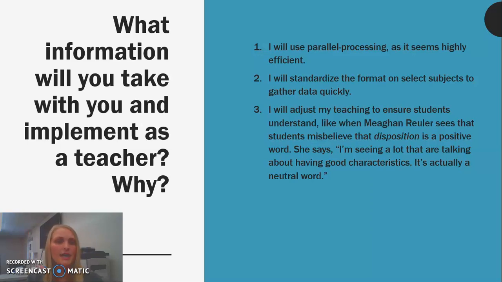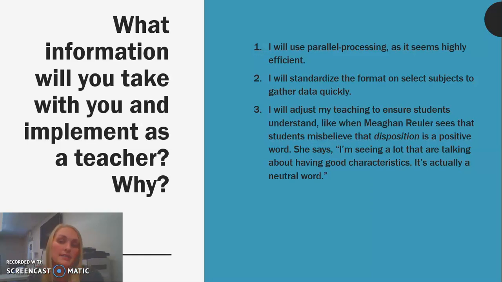Also, I'm going to really be vigilant about adjusting my teaching to ensure that all students are getting a great understanding. Miss Ruler did this in her video whenever she was talking about disposition. She noticed very quickly that students were under the impression that disposition had one definition when in fact it was not correct, and she changed her course of teaching just to address it really quickly.